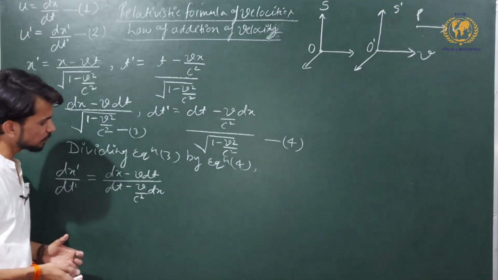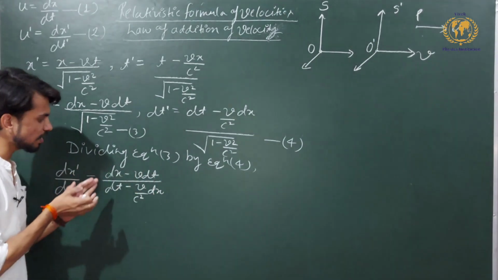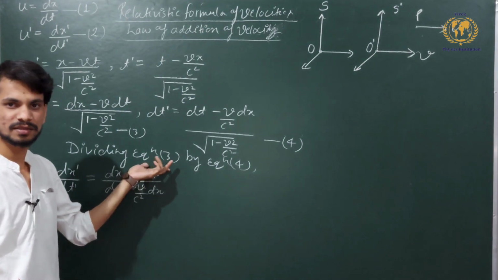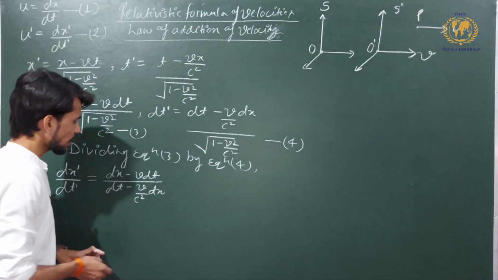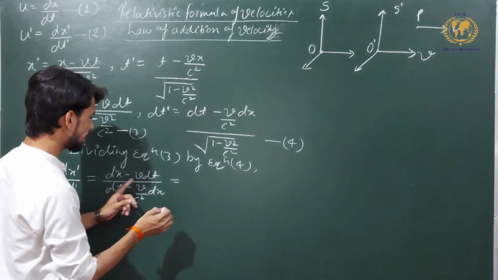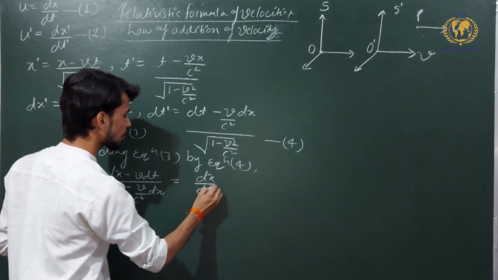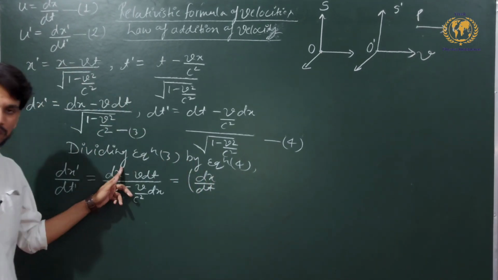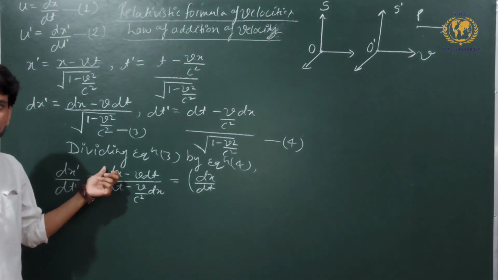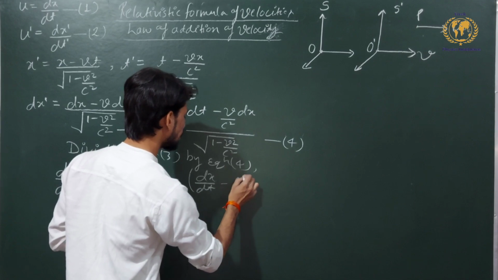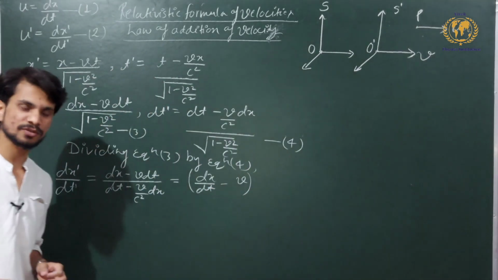Now in order to make this equation quite simple, I can take dt as common from the numerator as well as from the denominator. If I take dt as common from the numerator, dt will go in the denominator of dx because here no dt is present. So dx over dt minus this will be v only, because dt has been taken as common.